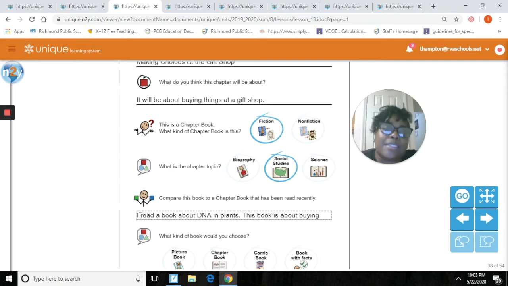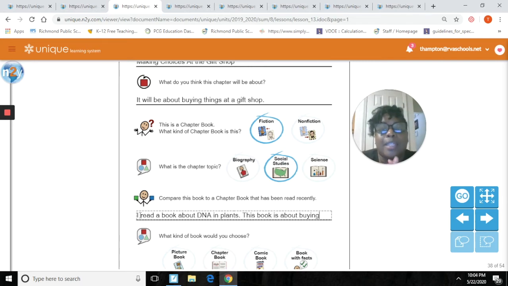But this book is about buying things in a gift shop. Well, that's the difference. One book is about buying things, but the other book was about DNA and plants. Two different topics. So that's what you're doing when you're comparing.